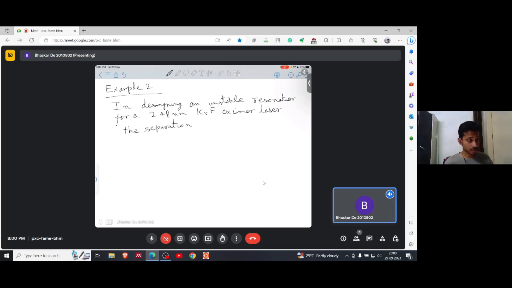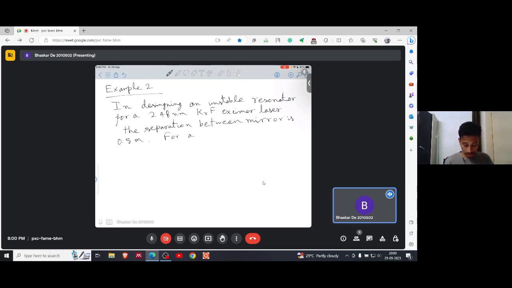For practical consideration, it is desirable to have a relatively long gain medium such that the separation between mirrors is 0.5 meter.